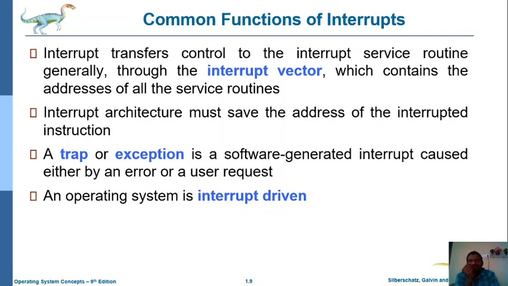The device controllers generate interrupts, and those generated with the help of some program are called a trap or exception. So we use some program or software to generate the interrupts, and those interrupts are called either trap or exception.